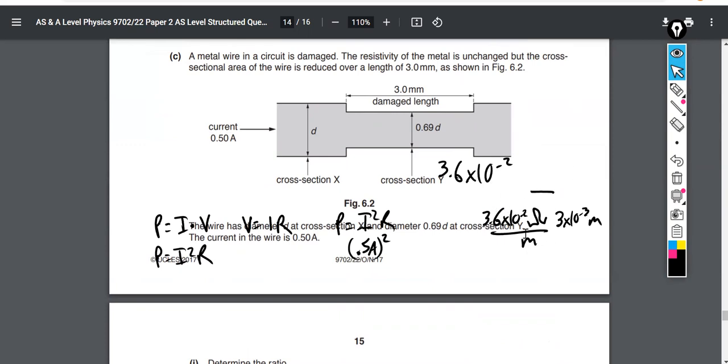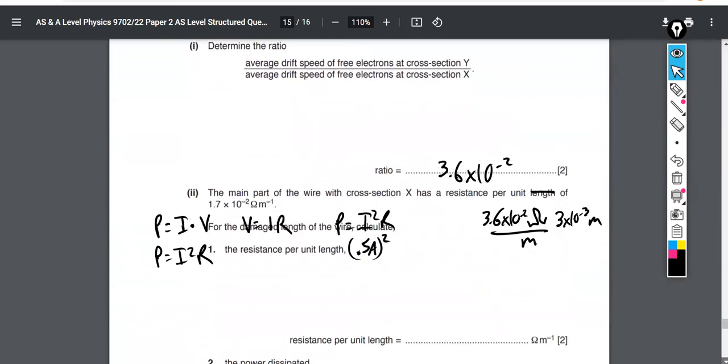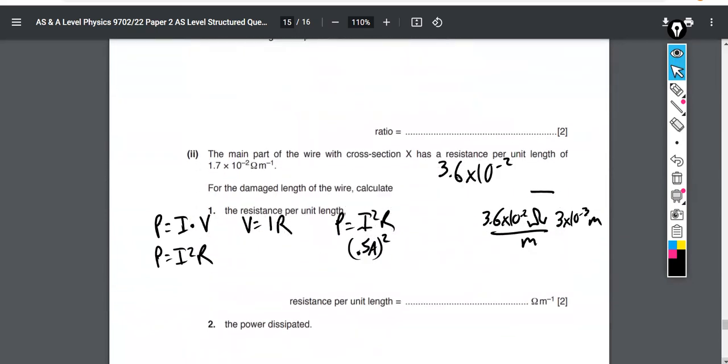That much resistance per unit length. In order to cancel out the per unit length, just like we had to cancel out the volume of the cylinder, we have to multiply it by the length we actually have, right? So if there's 3.6 times 10 to the negative 2 ohms per meter, but we've only got 3 millimeters, then we'll multiply those two to cancel out meters. Then we know the ohms of resistance to plug into this equation.